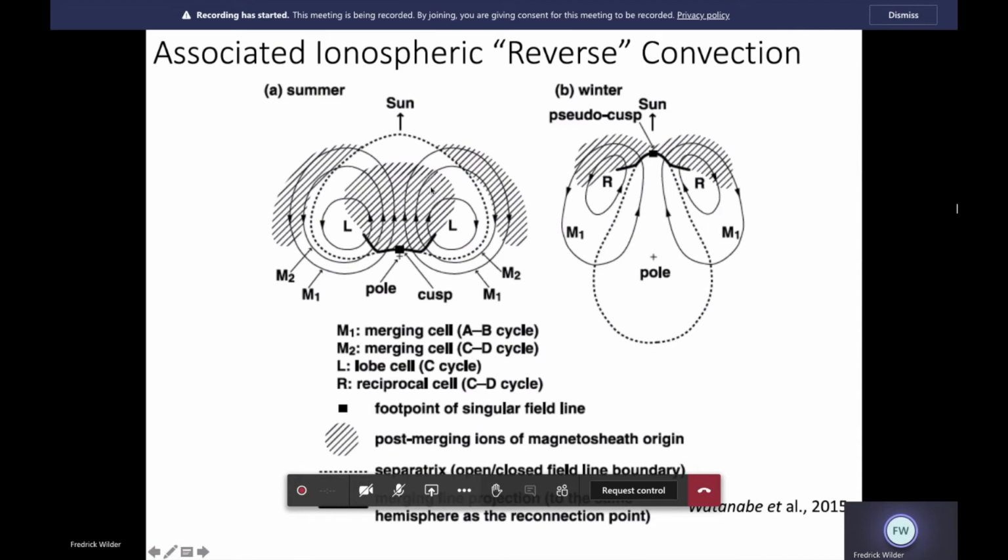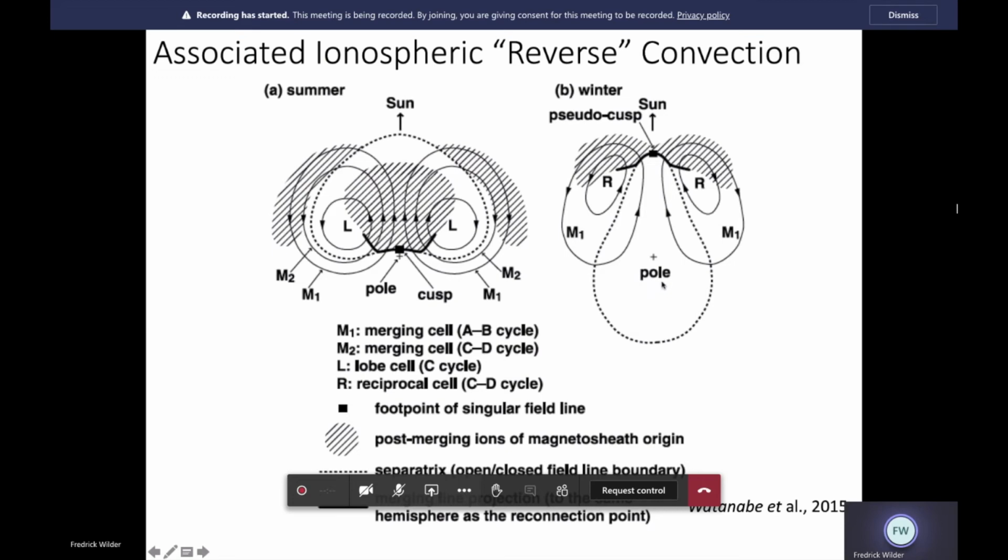And you can see, the solid lines are the convection flow patterns. The dashed lines are the open-closed boundary. And you can see that there's much more open field in the summer hemisphere, or I shouldn't say more open field because the divergence of B is 0. There's much more plasma flowing on open field lines in the summer than in the winter.